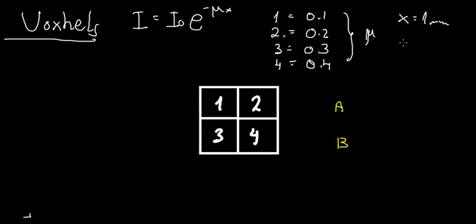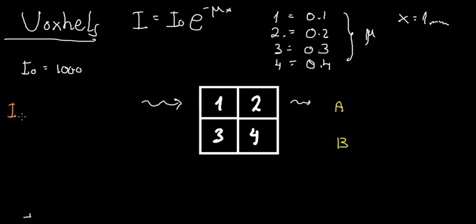And then the question may be: for an intensity of 1,000 units, calculate by how much the intensity entering row A, this axis here, is going to decrease on the other side. So basically I'm asked to configure the intensity at A.